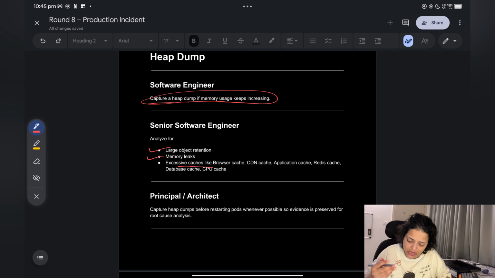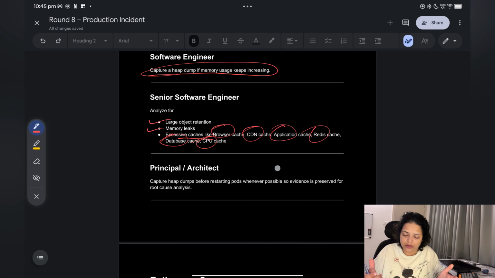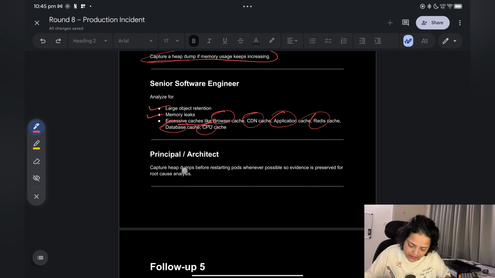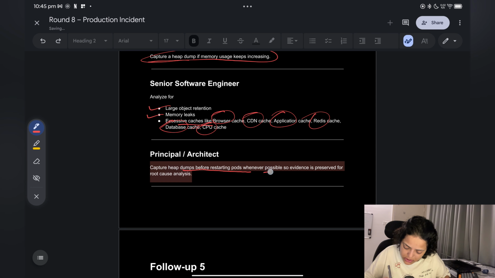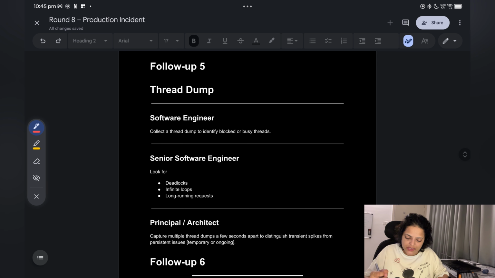Let's say you have used cache at the browser, CDN, application, Redis, database, and CPU levels. All these things can make the system very slow. Now a principal architect will say that he will capture a heap dump before restarting pods whenever possible, so evidence is preserved for root cause analysis.